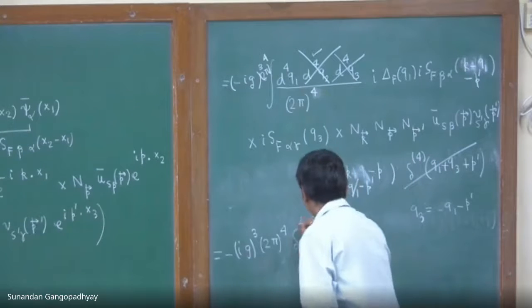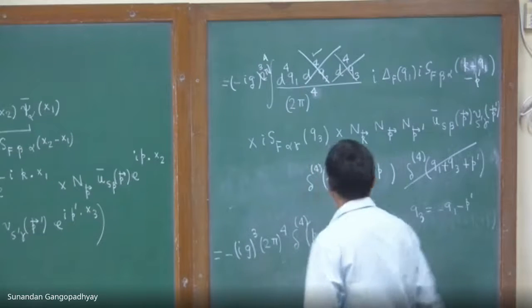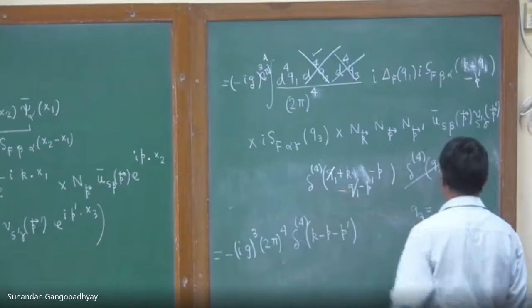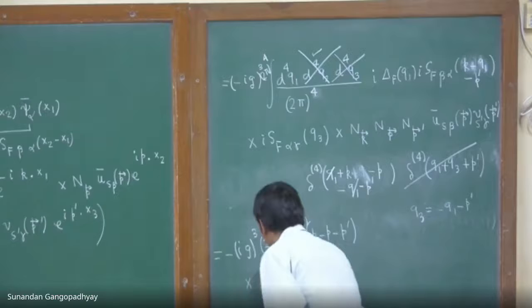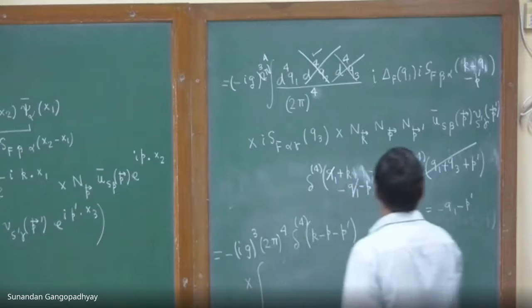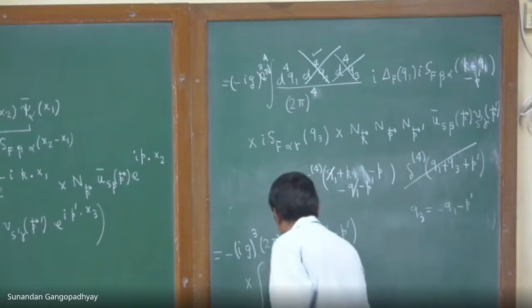This actually gives us delta 4 of A minus B. This is taken care of. All the integrations are done. So now we have an integral d4 over Q1, 5 over 4.